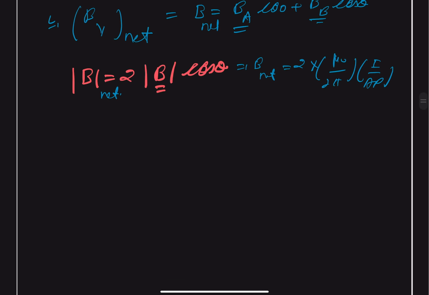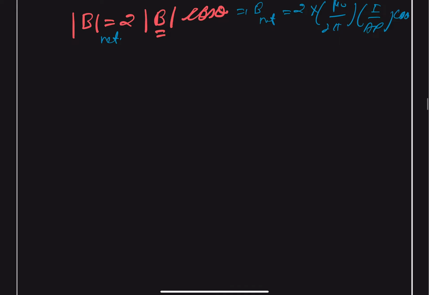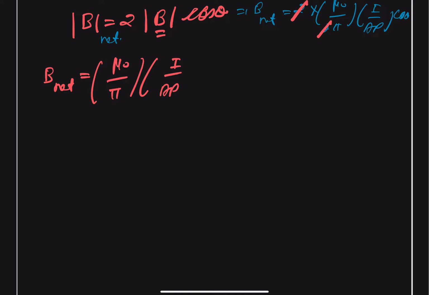So the 2 cancels with 2, and we are left with mu naught upon pi, I upon AP, and cos theta will be x upon AP.